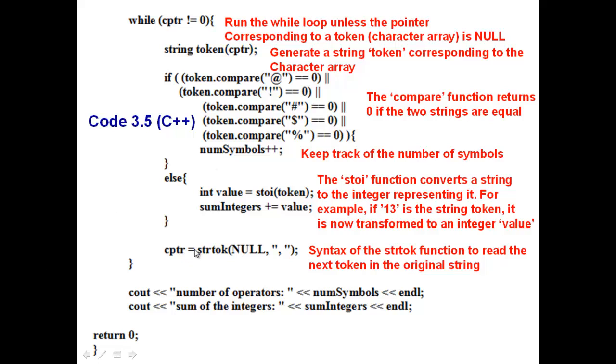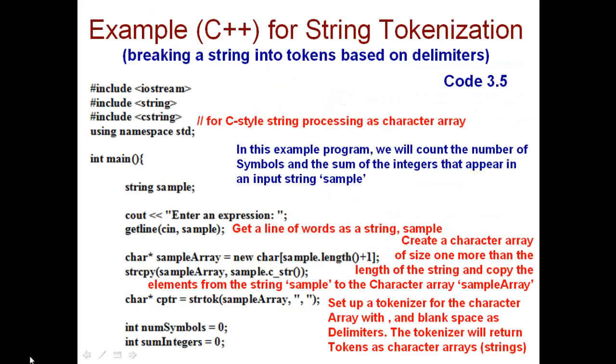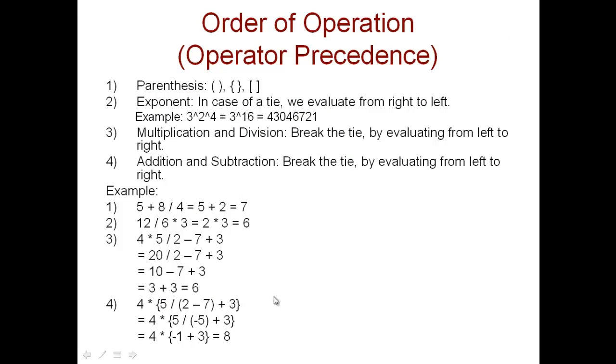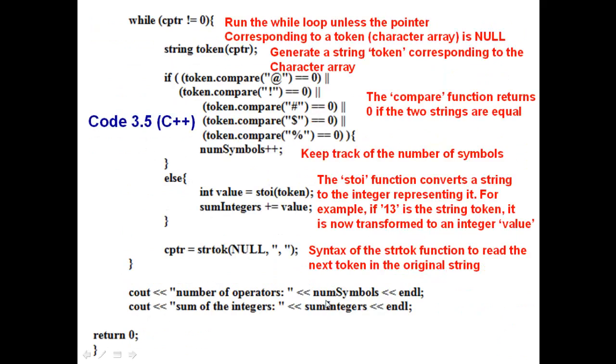So that's what I'm doing here. I'm adding that to the sum of integers. So this if-else ends here. Now I need to get the next token. So I call the strtok function like this. Initially, before the loop, we have to call it by passing the character array name and a set of delimiters, whereas inside the loop, you just say null.